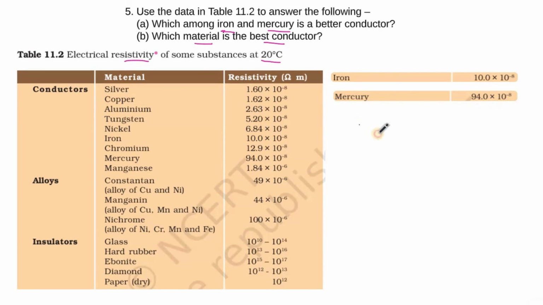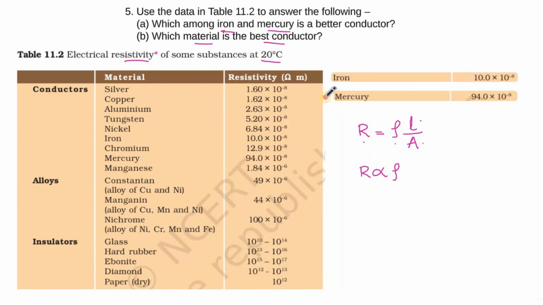So we know that from the formula for resistance, R is equal to rho L by A. Now from here we see that if length and area of cross section of the wire remain constant, resistance varies directly as the resistivity rho. So resistance is directly proportional to the resistivity of the conductor. So higher the resistivity, higher is its resistance.